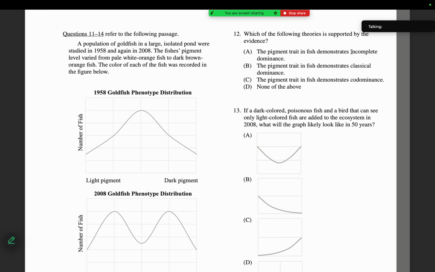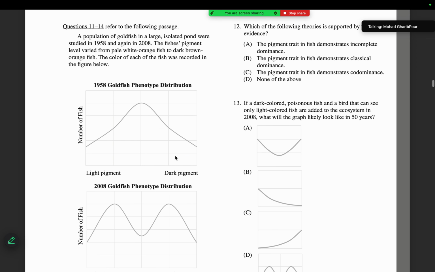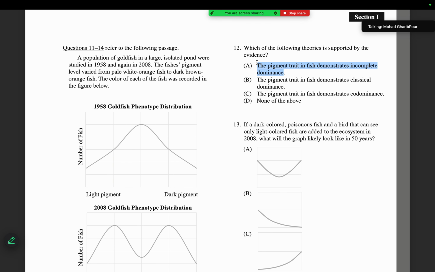I chose A. The answer is D, though. So this statement, which is incomplete dominance, is not necessarily related to this evidence.